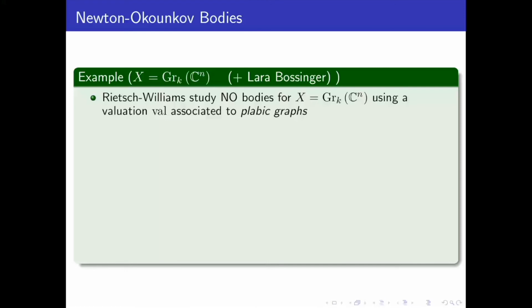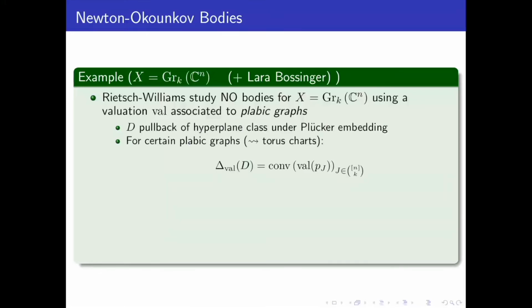And if D here is the pullback of a hyperplane class under the Plücker embedding, then they show that for certain plabic graphs, which correspond to certain torus charts in the atlas of our cluster variety, the corresponding Newton-Okounkov body has a very simple description.